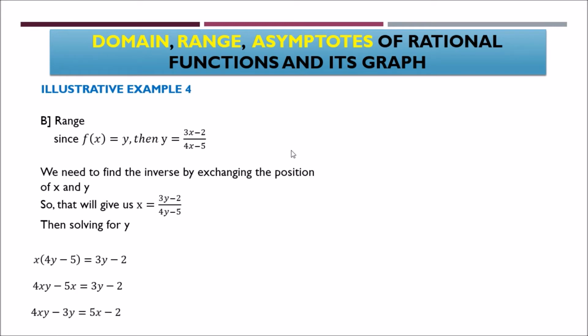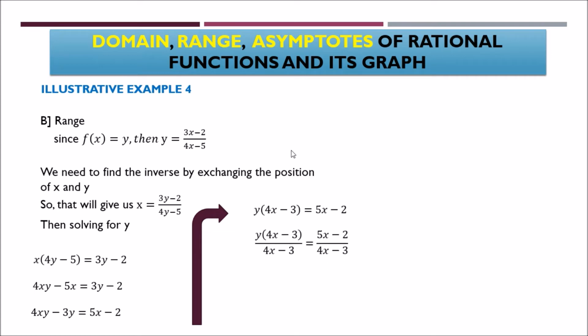Then by the additive property of equality, we get 4xy minus 3y equals 5x minus 2. Factor out y times the quantity 4x minus 3, because y is the common factor of the two terms 4xy and negative 3y, then equals 5x minus 2.